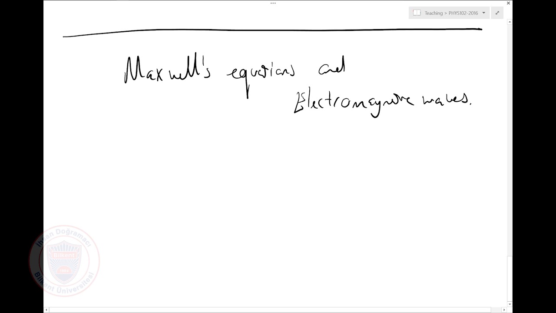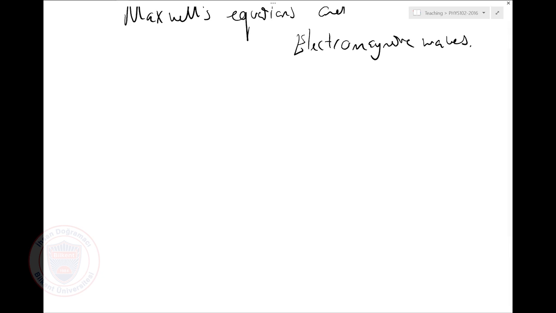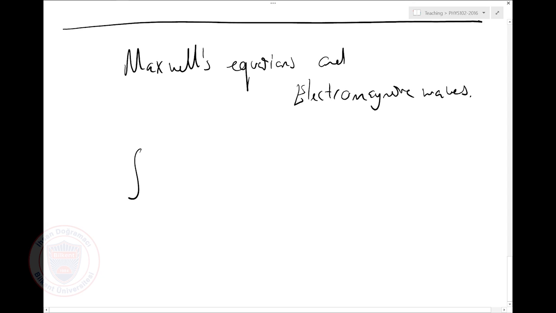What are Maxwell's equations? You may be excited about hearing this name, Maxwell's equations. Well, okay, I'll write them down, and you'll see that maybe you remember them.